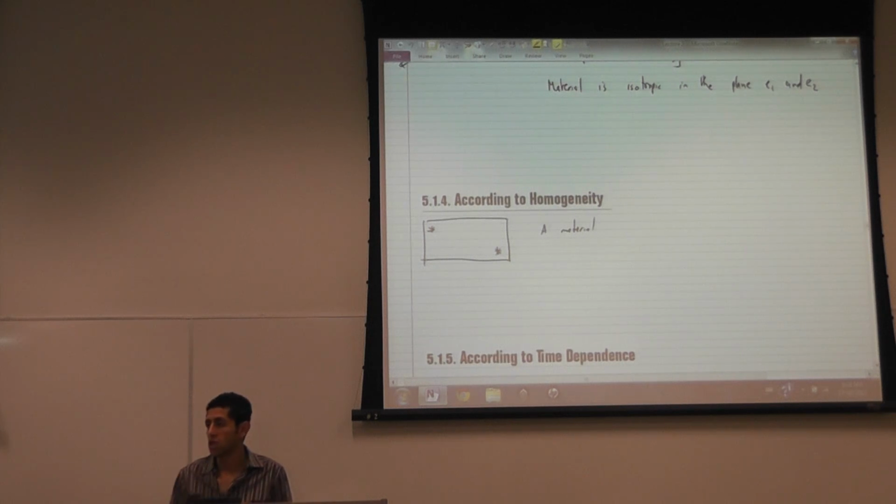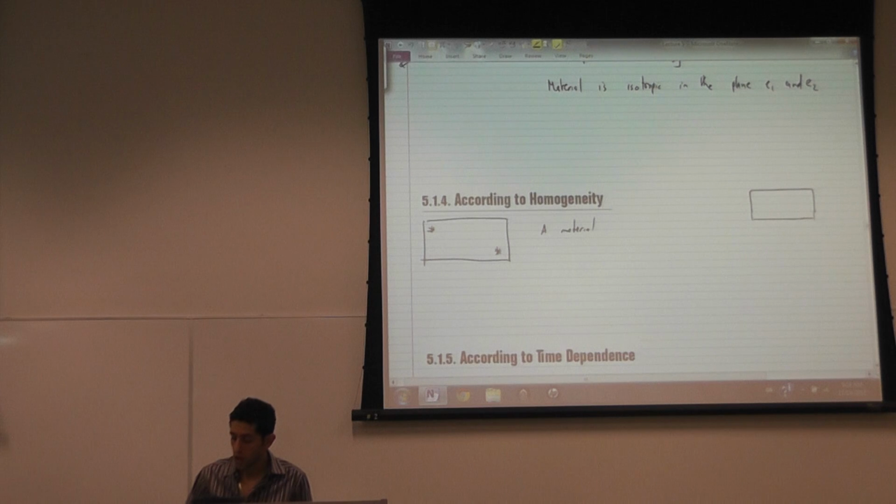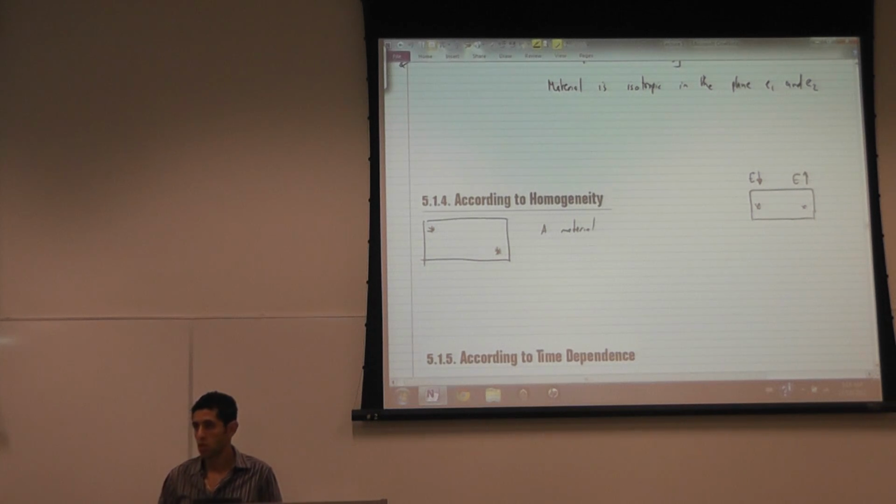So the material is homogeneous. You can create, for example, what they call functionally graded materials, where Young's modulus here is small, but Young's modulus here is high. So this is a non-homogeneous material in terms of the stress strain behavior.